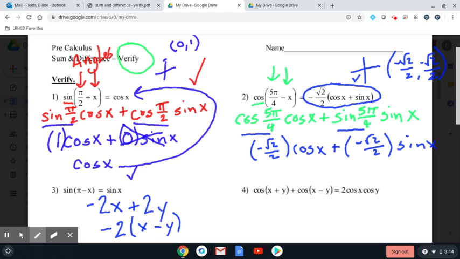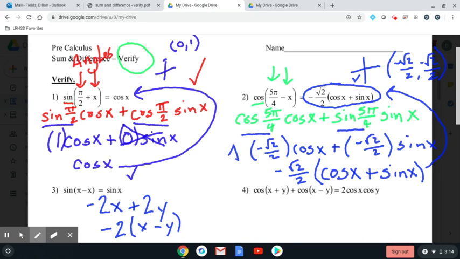So both of these terms have a negative root 2 over 2 in them. So you can actually take out a greatest common factor of negative root 2 over 2. But that's going to leave you with just a cosine x plus sine x. And that's what we were, again, trying to verify.